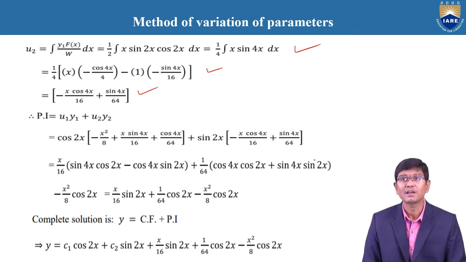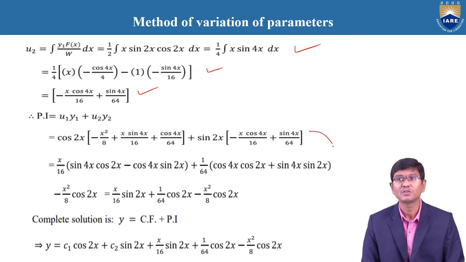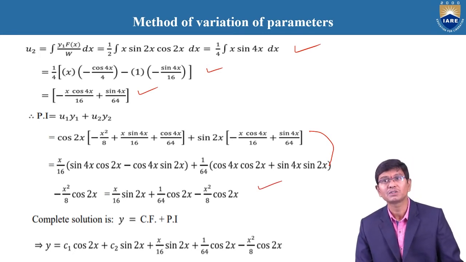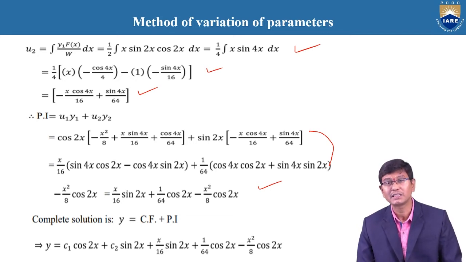After the simplification of u1 y1 plus u2 y2, the particular integration is x by 16 into sin 2x plus 1 by 64 into cos 2x minus x square by 8 into cos 2x.